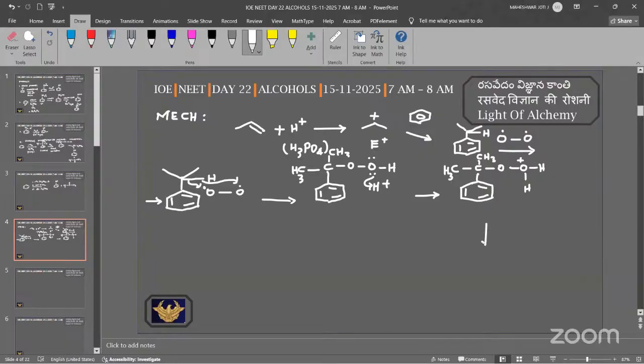Now, see this benzene ring pi bond electron density will be transferred to this oxygen. Then H2O comes out, right? Now see, the benzene ring is losing electron density. So the benzene ring gets a positive charge. That is how the arenium ion or phenonium ion forms.